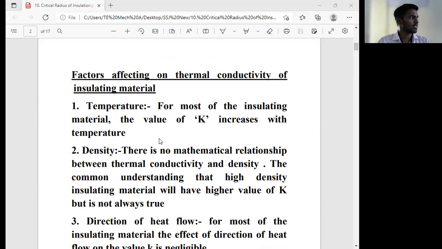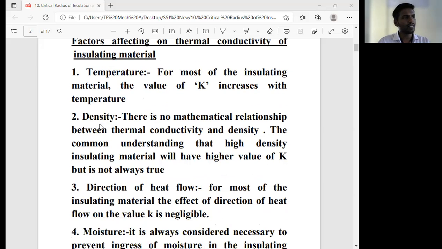What is the meaning of this? If temperature increases, then thermal conductivity of the insulation will increase. So this is the effect of temperature on the insulating material.